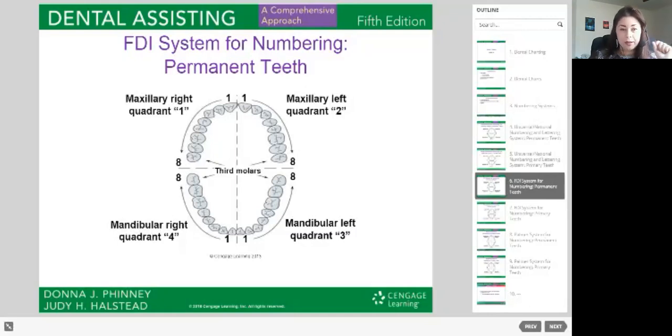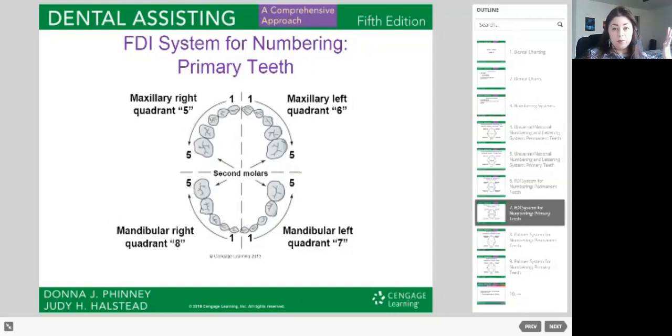Anyway, it was interesting. But the maxillary right quadrant would be 1, 1, 1, 2, 1, 3, 1, 4, all the way to 1, 8. Now, if you're talking about the upper left, then it would be 2, 1, 2, 2, 2, 3, 2, 4, 2, 5. So to me, that's incredibly confusing, just because that's not how we do it. But it is what you learn.